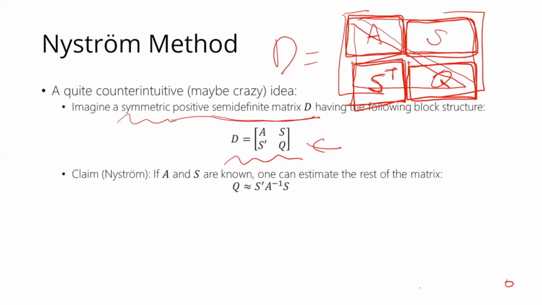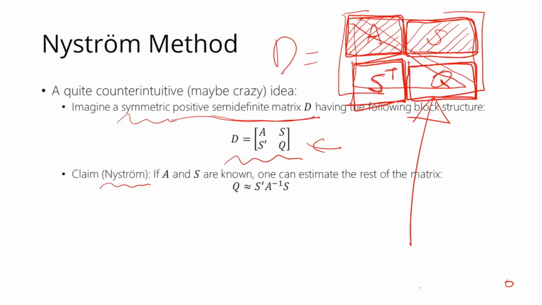Now, without any proof, without any background, here's a crazy argument that is made by Nystrom. Nystrom is the name of a mathematician, and what Nystrom claims is that if we know A, which is this part over here, and S, which is this part over here, we can guess with a pretty good precision what the values of Q would be.